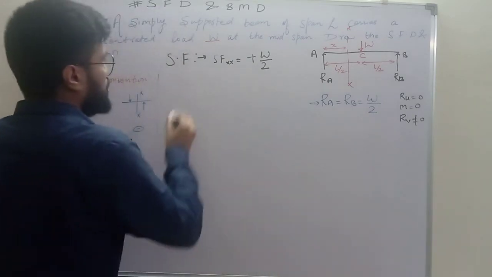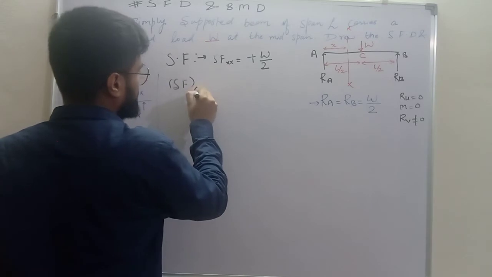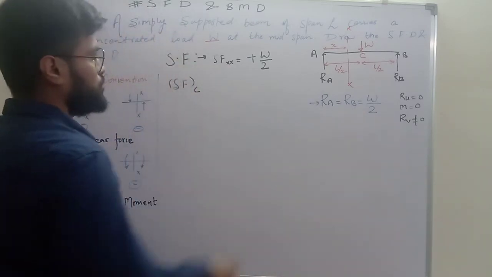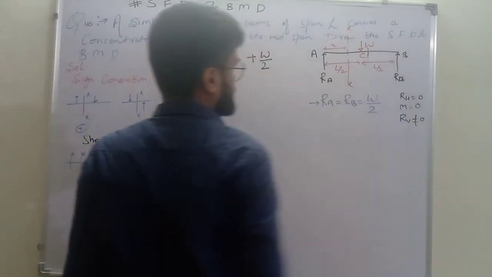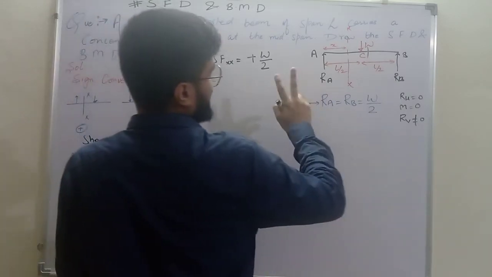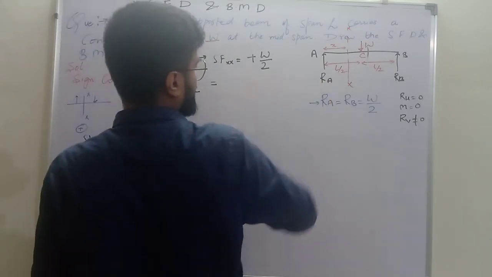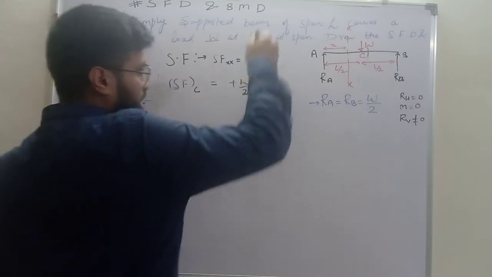Okay. Now, if we want to find the shear force exactly at C or toward the right of C, what will it be? If we take a section right of C, there are two forces acting on the left of the section: RA, which is plus W by 2, and W, which is acting in the downward direction.